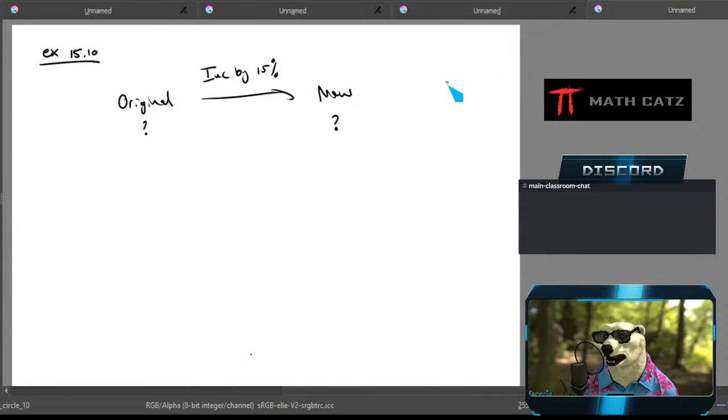So the fact that it's an increase in this case is not irrelevant, but it's not quite immediately important for me. 15% on its own is the same as 30 workers. Okay.